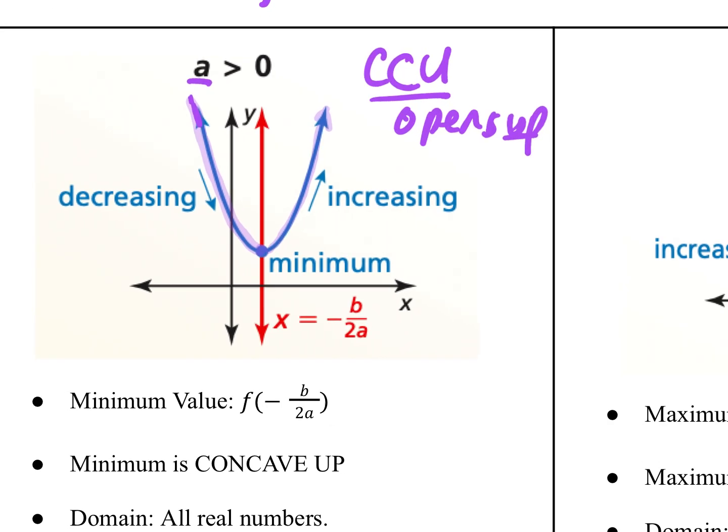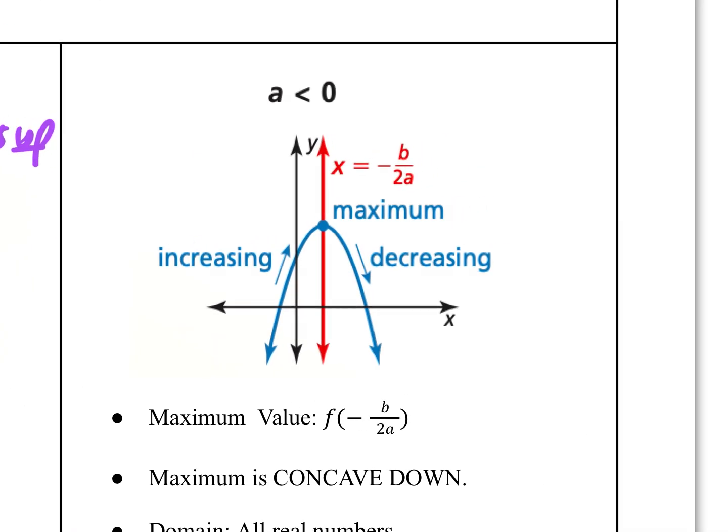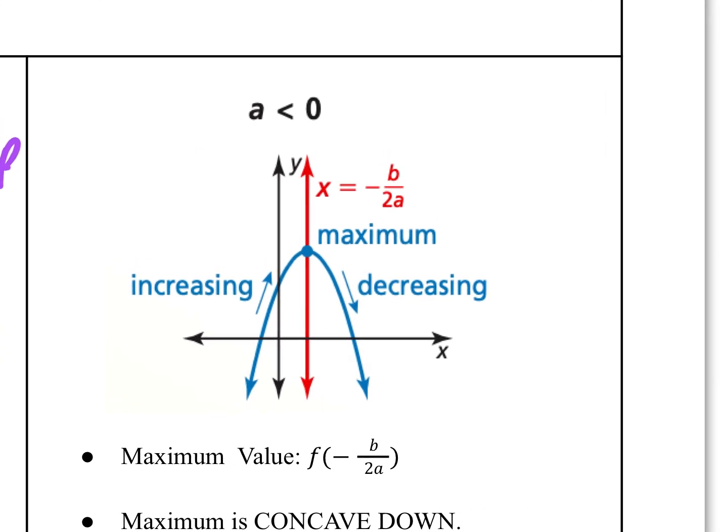Now remember this, that when your function graph is opening up, this is your vertex, it's actually at its minimum. That means that when I say minimum, the vertex is at the lowest point of it.